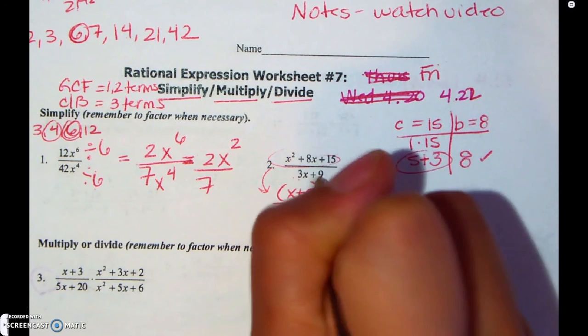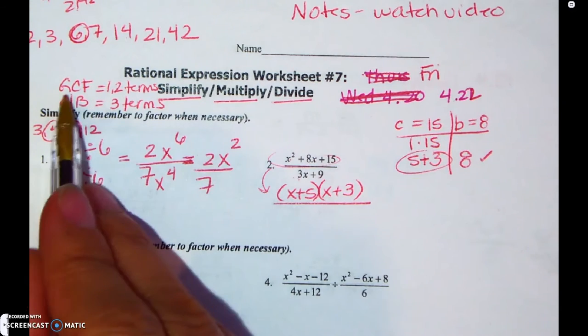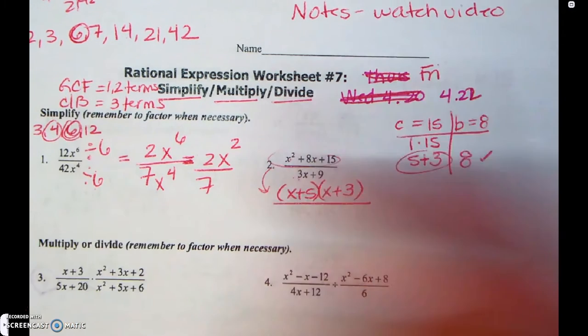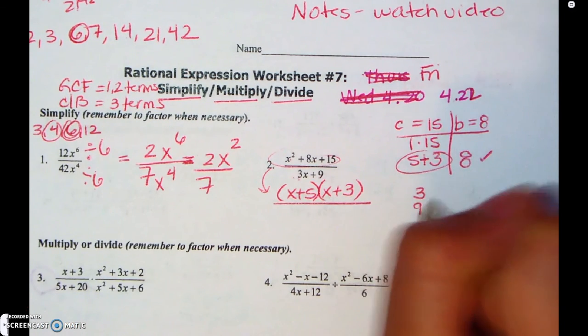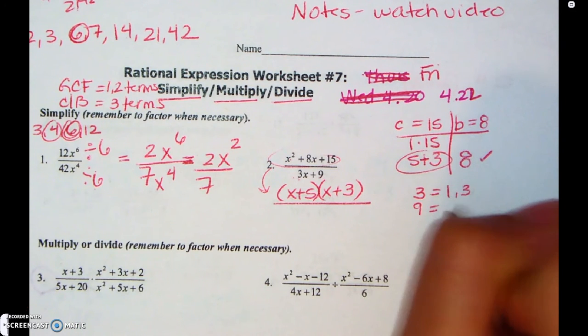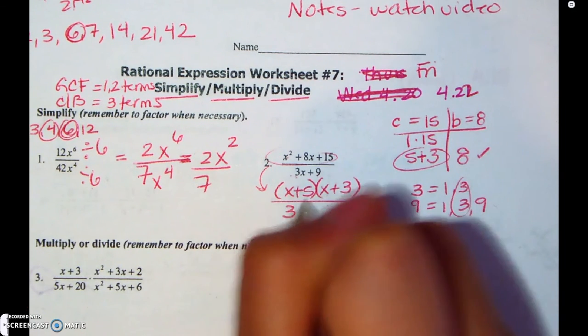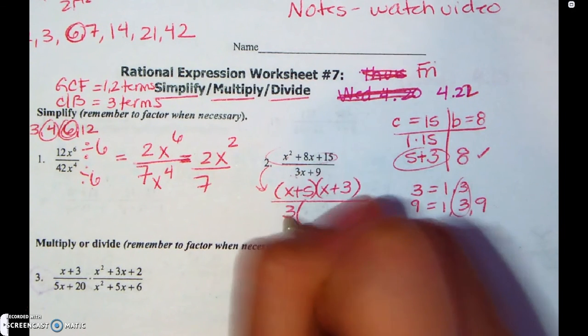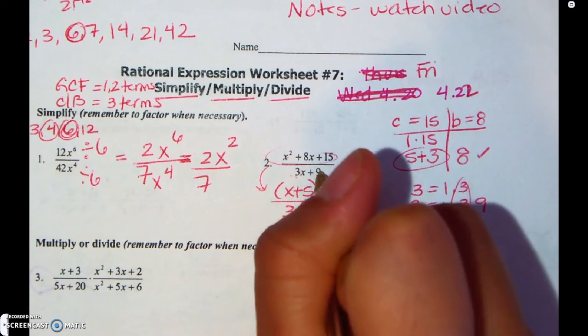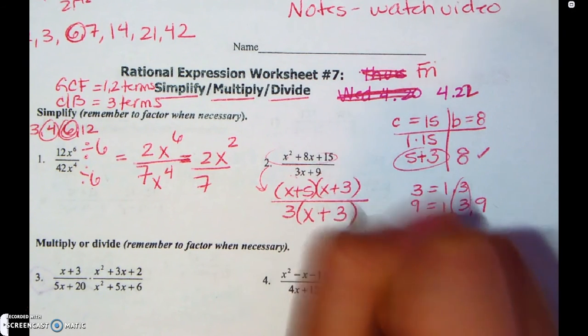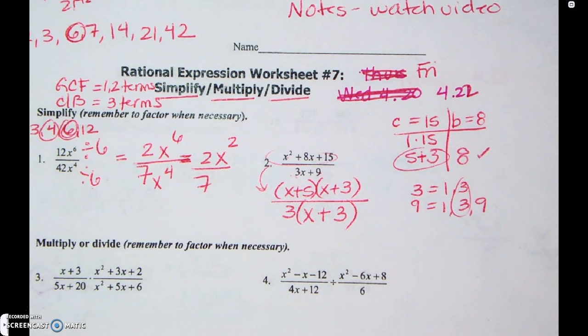The bottom has only 2 terms, so I'm going to find the greatest common factor between the 2. The greatest common factor between 3 and 9 is 3. So I'm going to put 3 on the outside. 3x divided by 3 is x, and 9 divided by 3 is 3. So those are my factors.